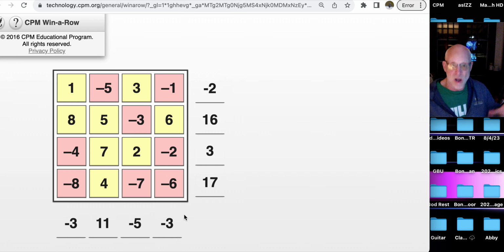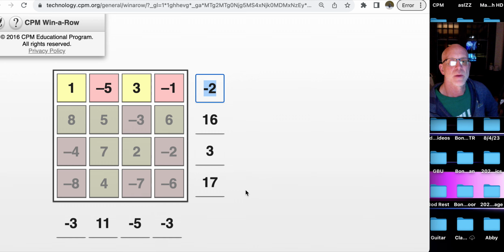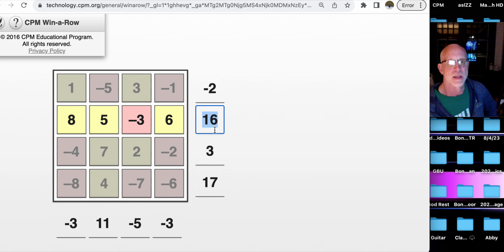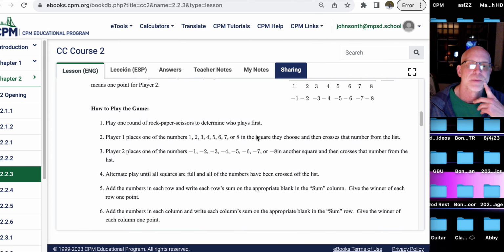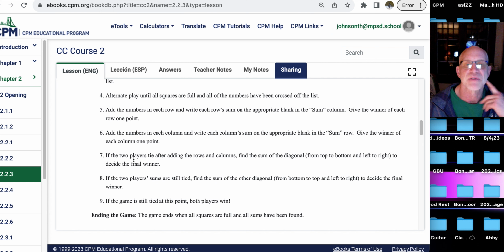And if we look at them all, we have red, red, red, red, yellow, yellow, yellow, yellow. And then there's a tiebreaker. I think the tiebreaker says if the two players tie after adding the columns and the rows, find the sum of the diagonal from top to bottom, left to right.